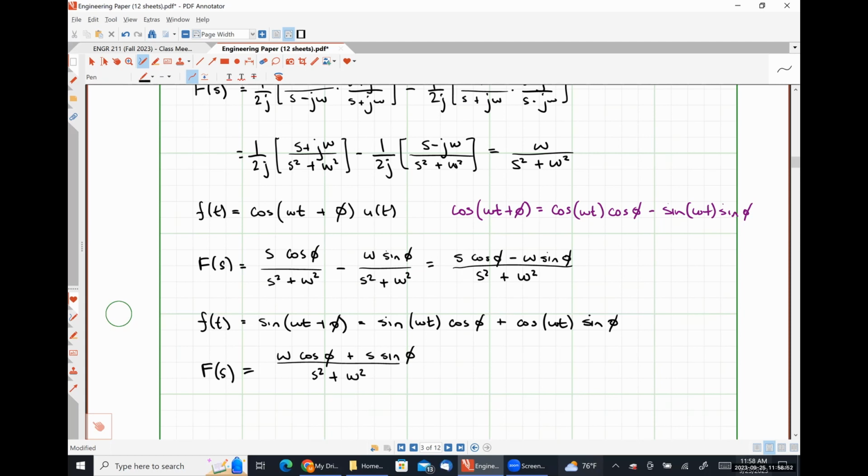Well, in the s domain, convolution is the same as multiplication, meaning that if we can find the Laplace transform of x and of h, we can multiply those two together, take the inverse Laplace transform of that product, and it will give us the exact same answer as if we had convolved those two functions in the time domain. So that's why we're doing this.